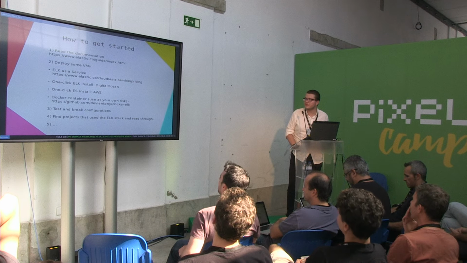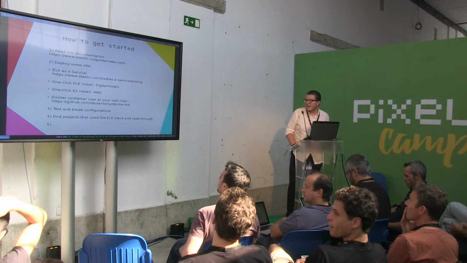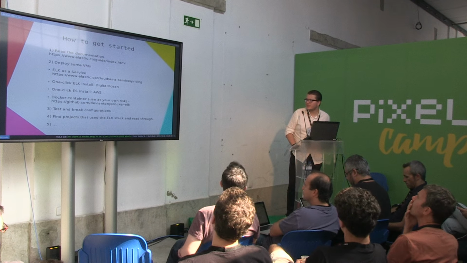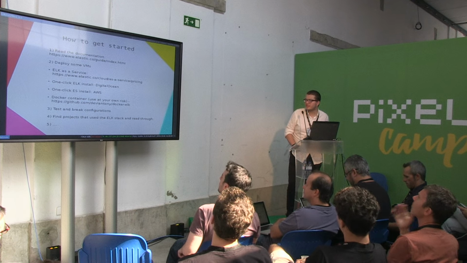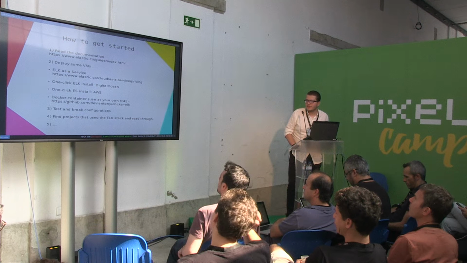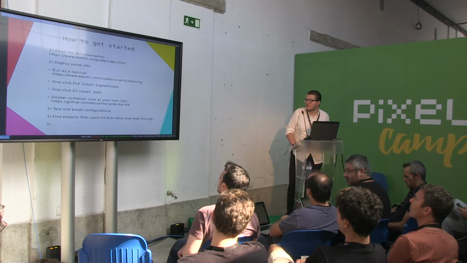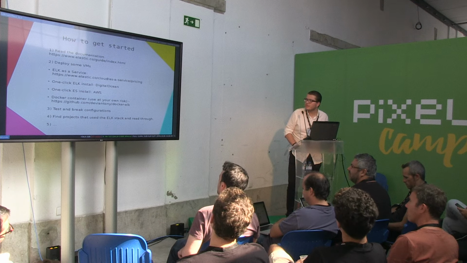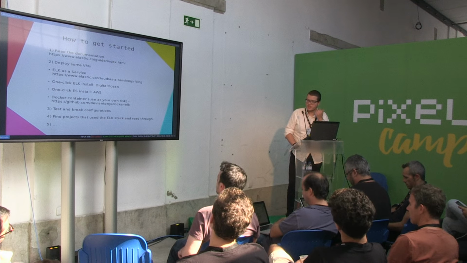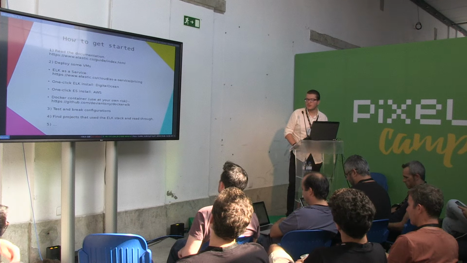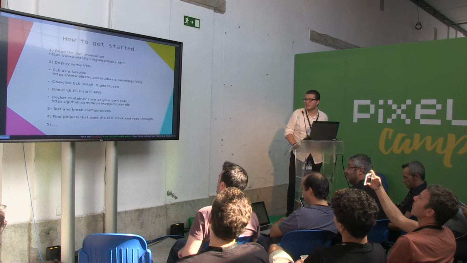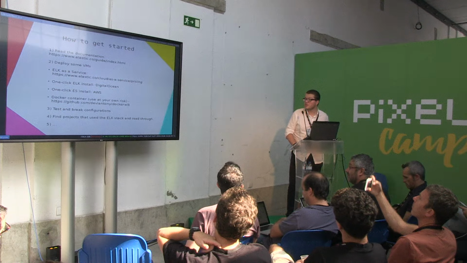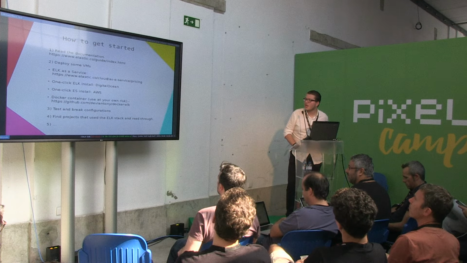Feel free to build your own Docker container, not the ones from the internet. Then test and break configurations and find all the projects that use the ELK stack. In my opinion, this is the way to get started: read the documentation, deploy machines, test, and see what other people are doing.